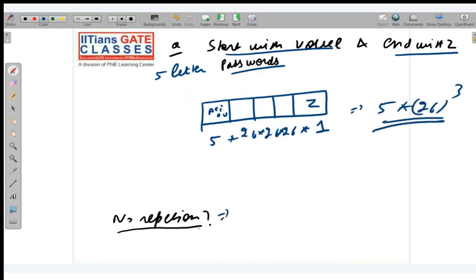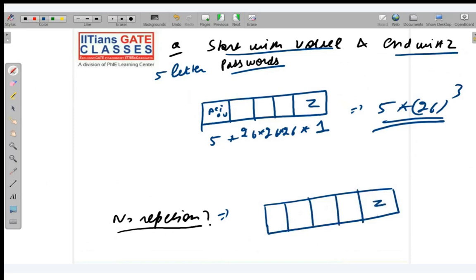Next, what if we say no repetition? No repetition is simple. See what we will do. Here we have applied Z, and here we can apply 5. From the 5 vowels, I can take any vowel here.